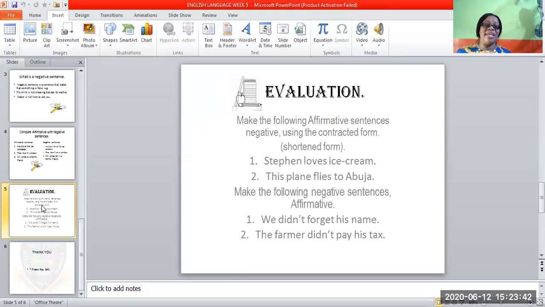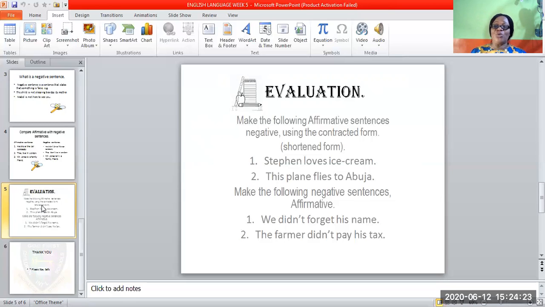And we have been able to say that a negative sentence or statement goes most of the time with N-O-T, not. Is that clear? Do you understand? So all sentences can become negative. They can be converted to negative sentences, bearing in mind the use of N-O-T.